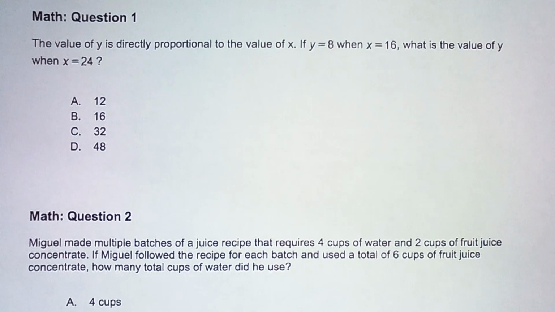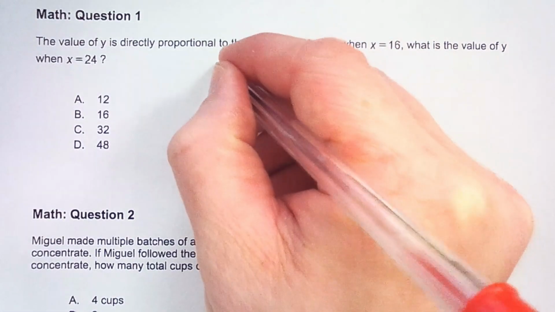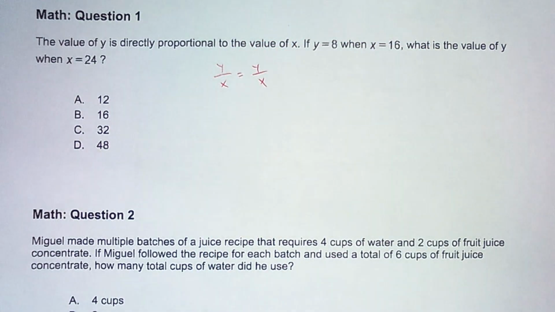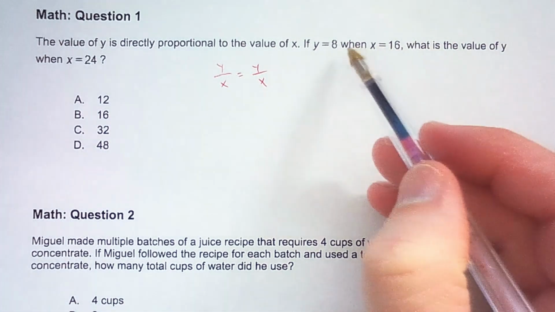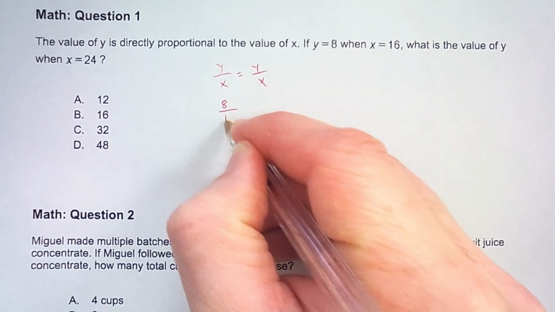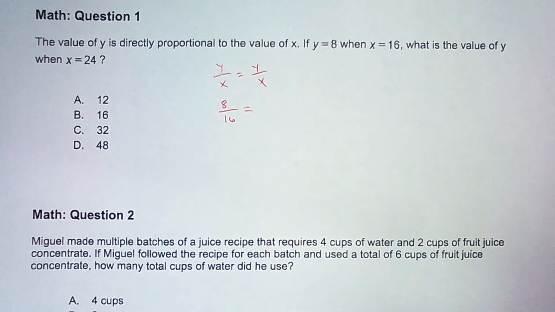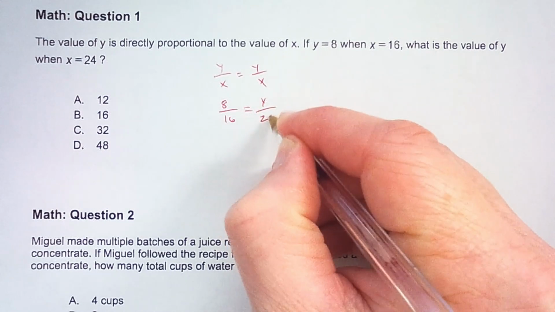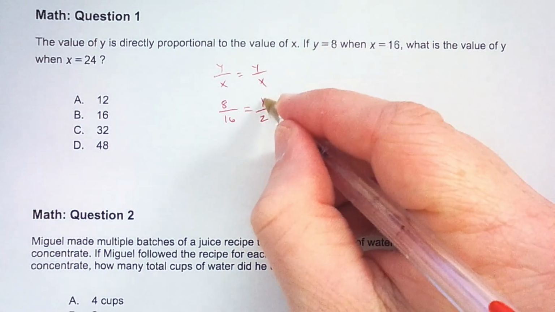So number one, the value of y is directly proportional to the value of x. That means we are going to have a proportion in this form: y is to x as y is to x. If y is 8 when x is 16, so that means 8 is to 16 as, what is the value of y when x is 24?